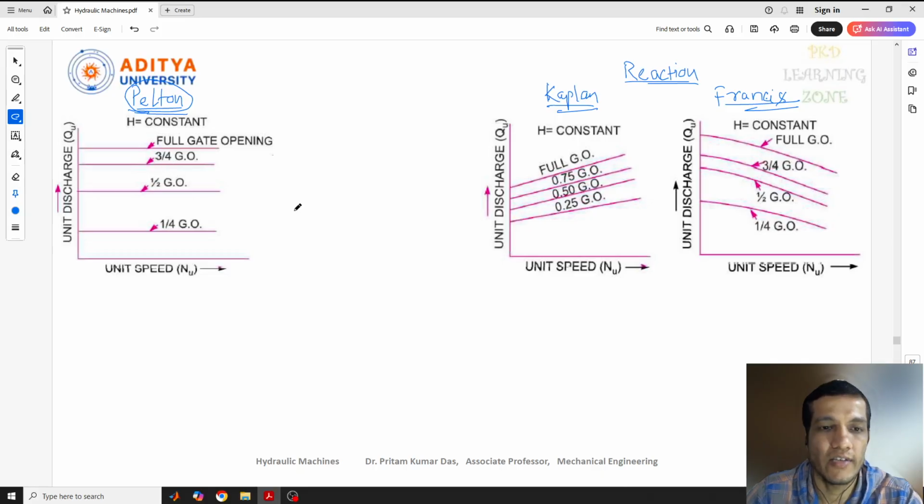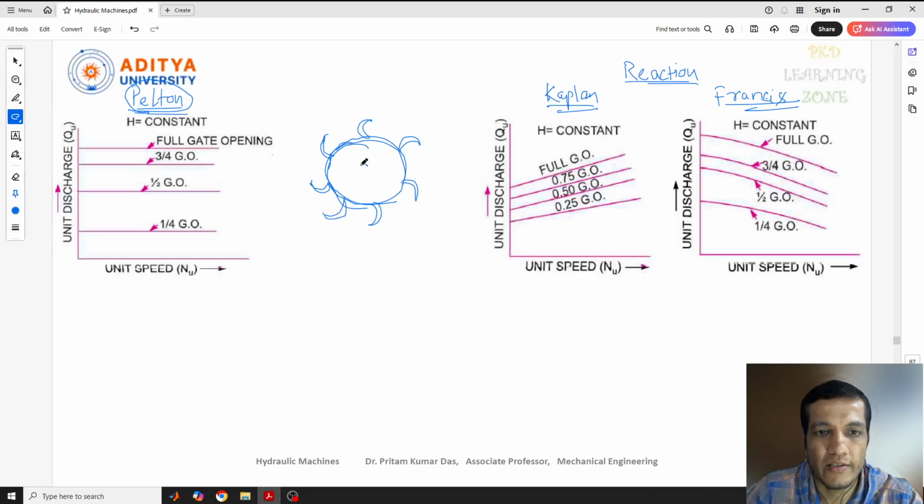If you remember the Pelton turbine, this is the wheel part, or you can say the runner part. In the runner, we have a number of buckets, which are mounted on the wheel.